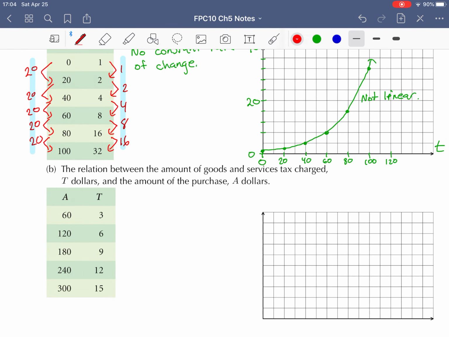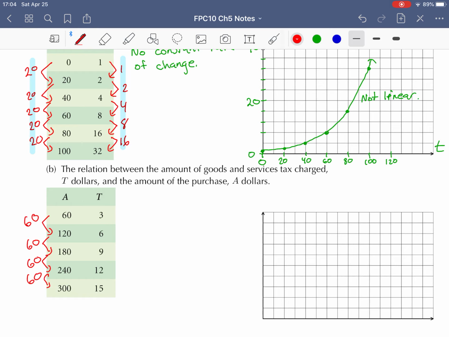All right, let's look at the next one. The relationship between the amount of goods and services tax charged, T, and the amount of purchases. So the first one, you purchase $60, you pay $3 tax. You purchase $120, you pay $6 tax. Now we can see our amount of purchase is going up by 60 each time.